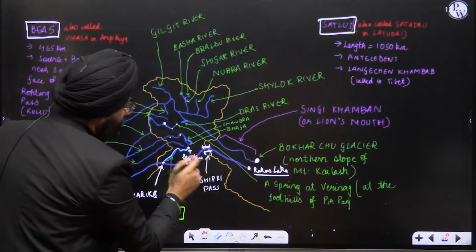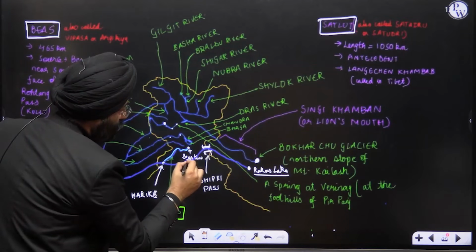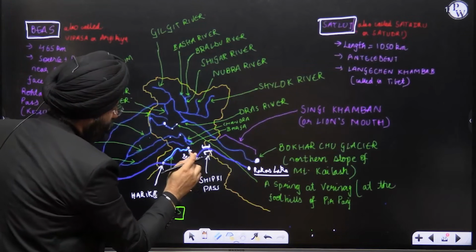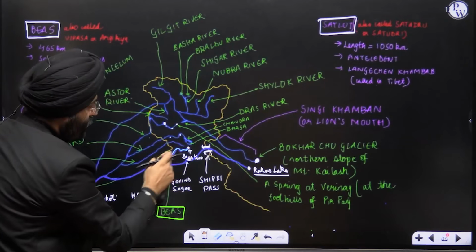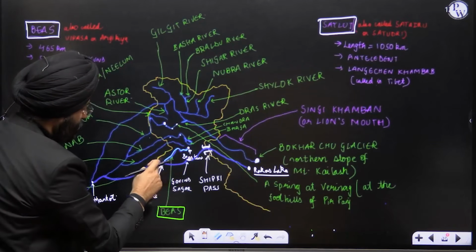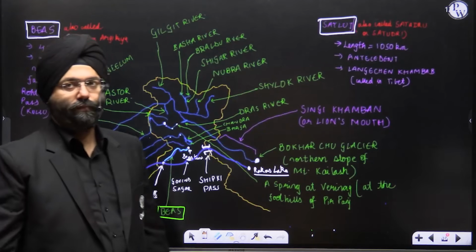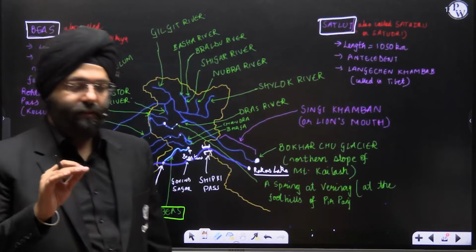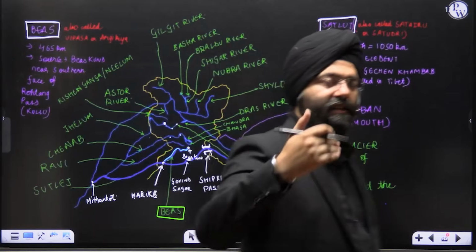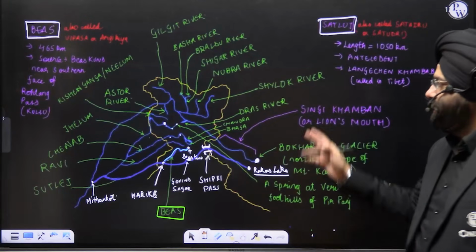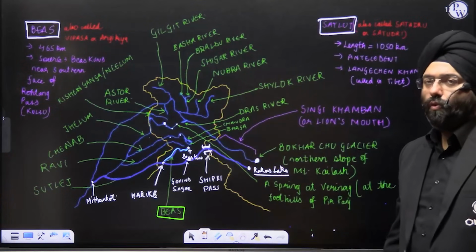Crosses it. It feeds the Govind Sagar Dam. It further moves. Beas merges with it at Harike. Later it moves on and meets the Indus river at Mithankot. This is the pattern. This is the drainage of the Satluj. Clear? Hopefully it is clear to everybody.